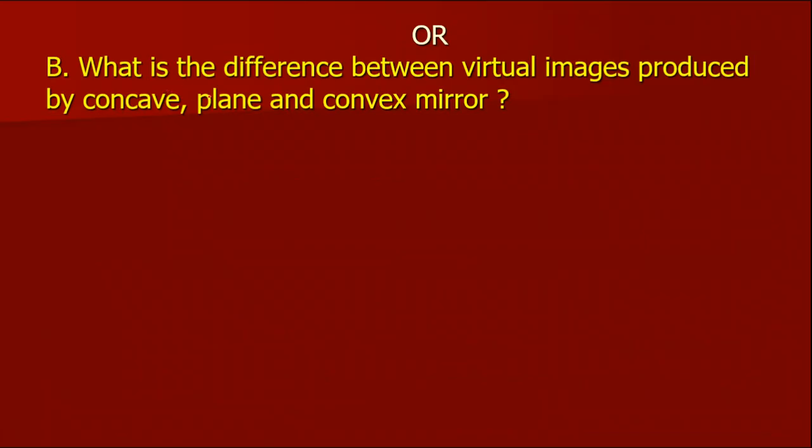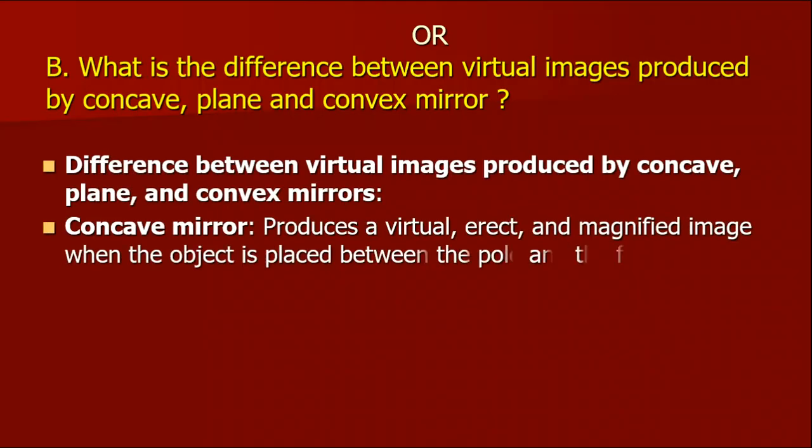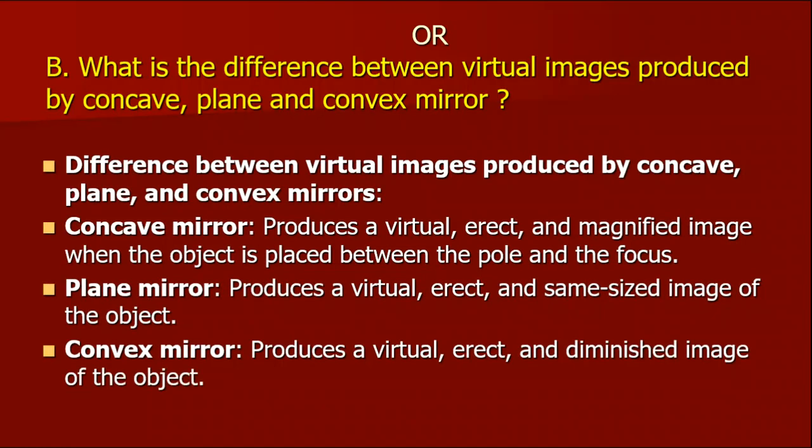Or, what is the difference between virtual images produced by concave, plane, and convex mirror? Let's see now. Concave mirror produces a virtual, erect and magnified image when the object is placed between the pole and the focus.